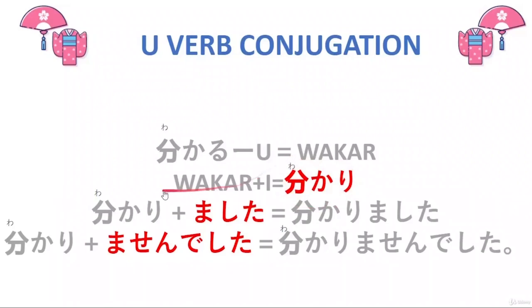And to make past affirmative to wakari, we need to add mashita, and we will have wakarimashita, understood. And now, if we want to make past negative to wakari, we need to add masen deshita. So we will have wakarimasen deshita, didn't understand.